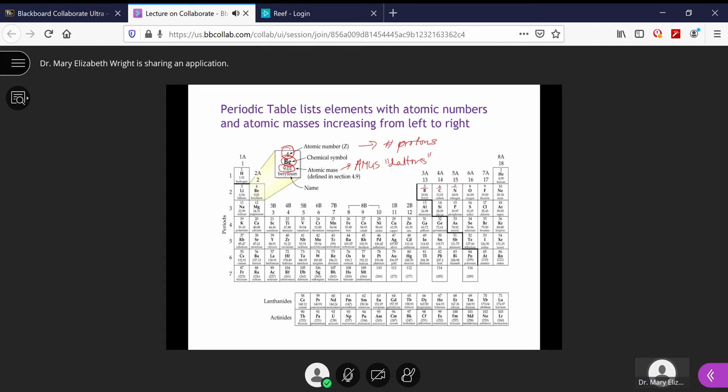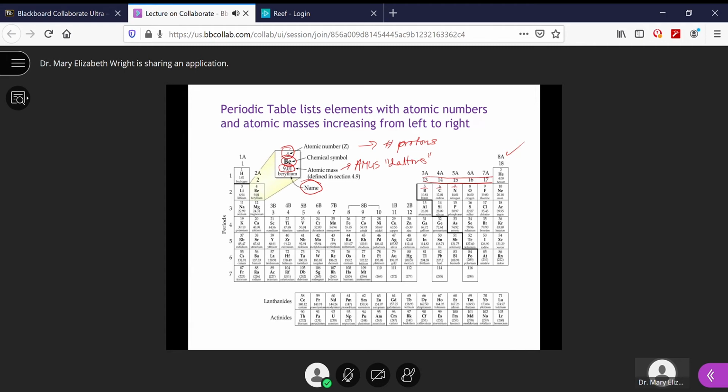The full name is given on some, although not all periodic tables. They come in a lot of different flavors. Sometimes you'll have the full name, sometimes you won't. You're always going to have the groups identified. Notice there's slightly different numbering conventions depending on which periodic table you're looking at. I'm going to stick with the group 1A, 2A, 3A, 4A, 5A, 6A, 7A, 8A, just for the record.